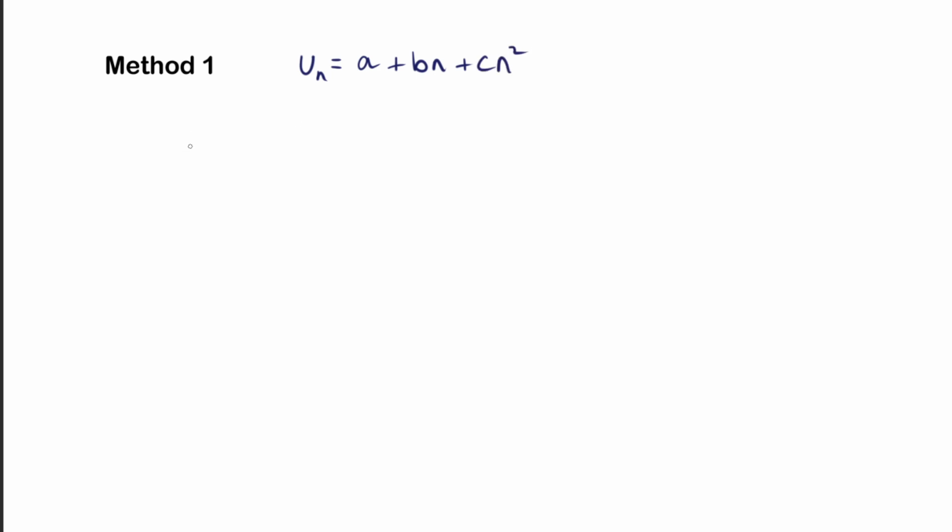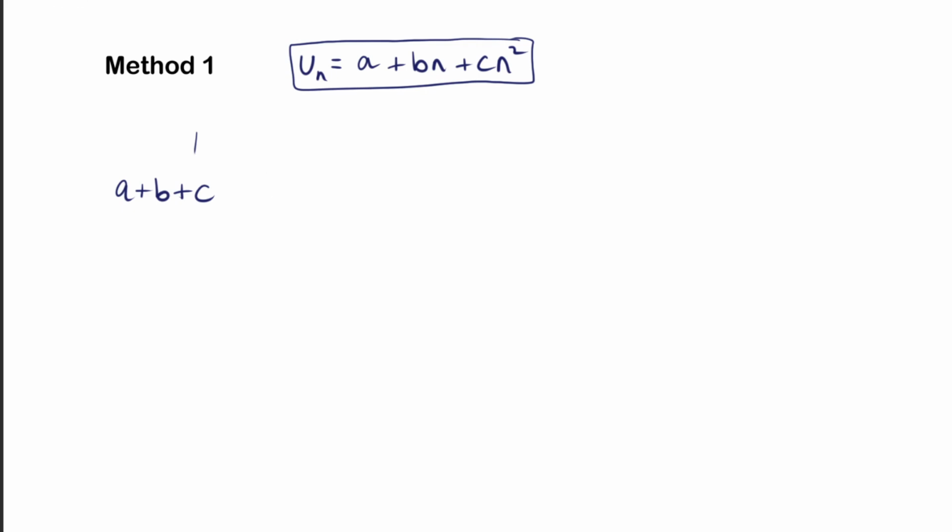This is our general formula. What would we get as our first few terms? If you put n equals 1 into this, we get a plus b plus 1 squared is 1 times c, so that's a plus b plus c. That's the first term.